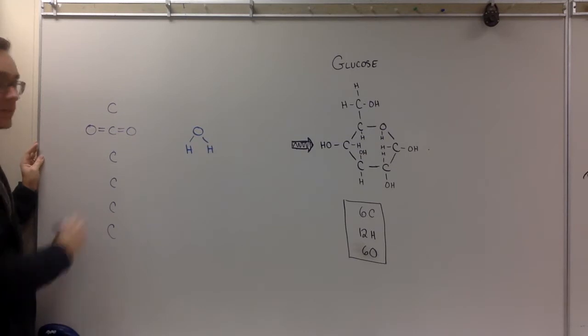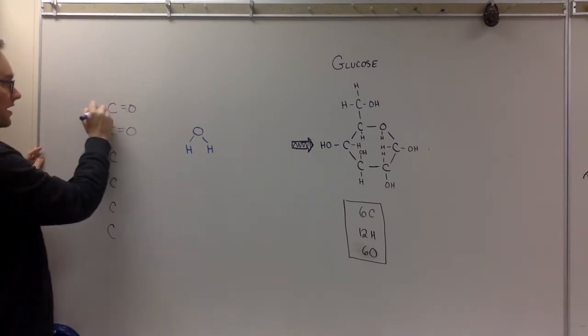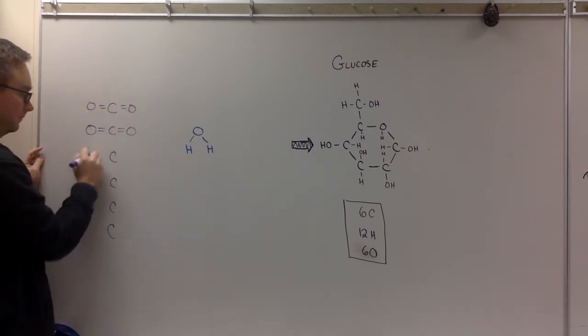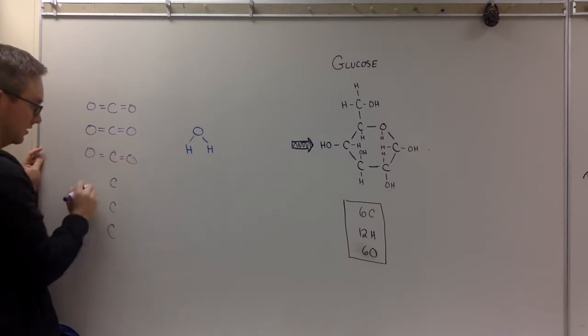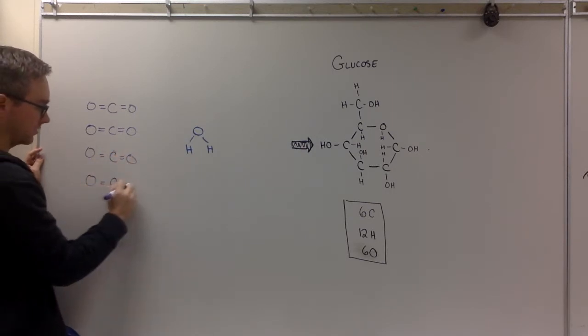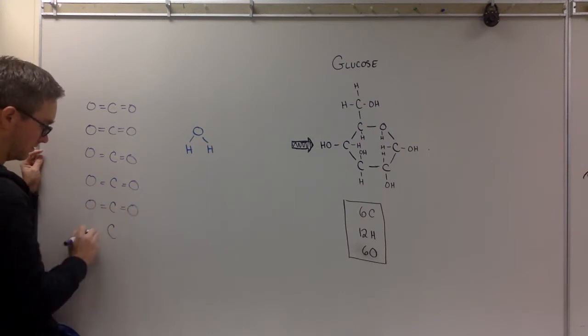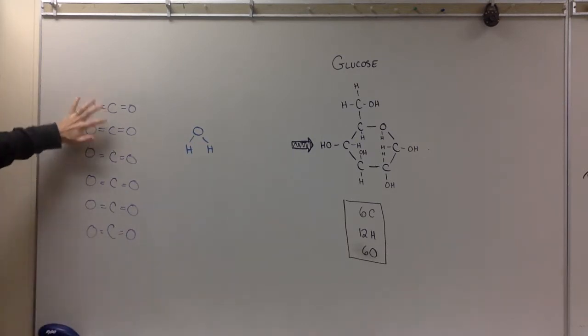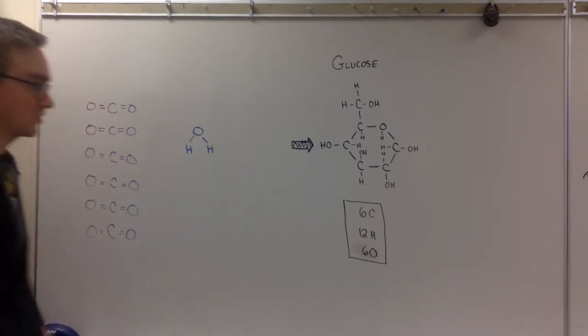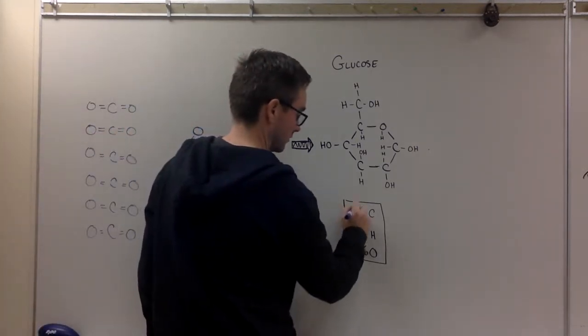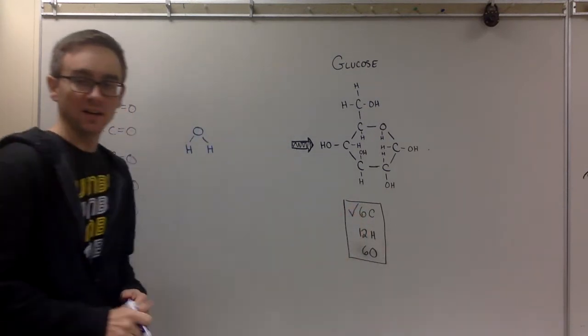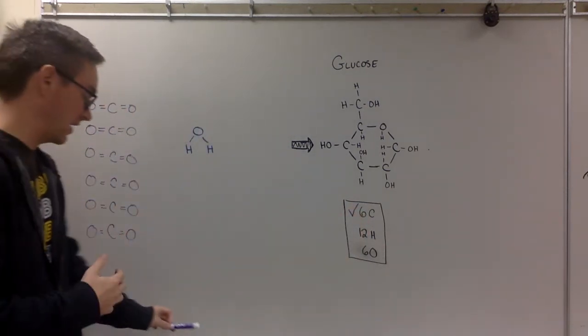I need 6 of them, and since they're carbon dioxide, the oxygens come along with it. Those oxygens are double bonded to the carbon, which means it's 2 bonds. Now I have 1, 2, 3, 4, 5, 6 carbons. I have enough carbons now to make my glucose molecule.